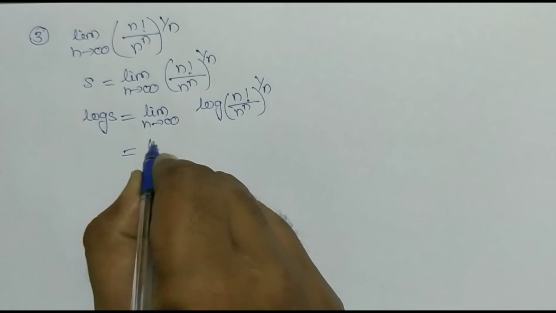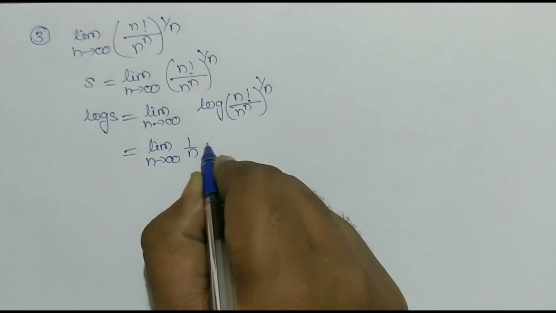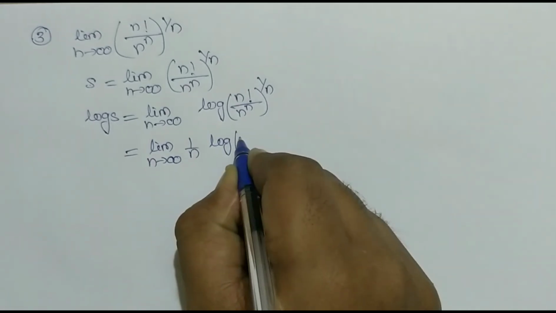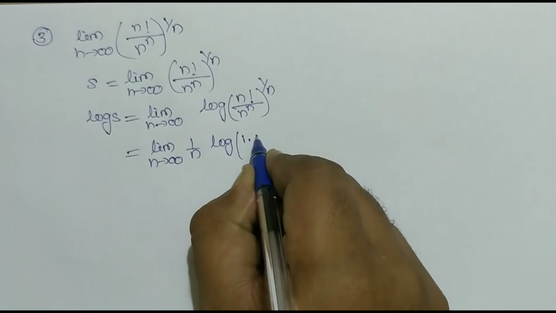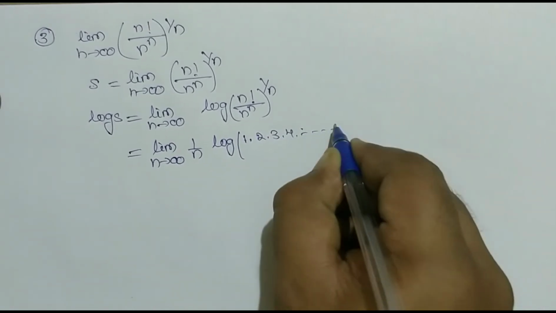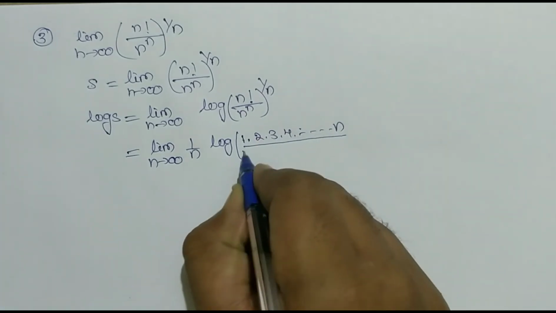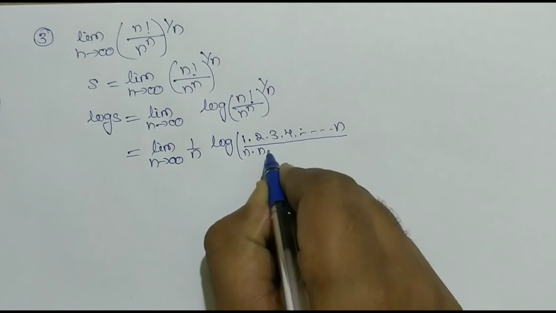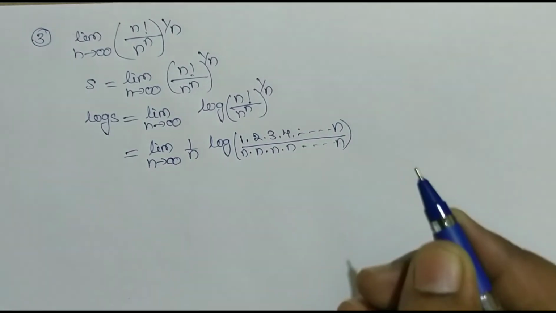So limit n tends to infinity 1 by n log of n factorial by n power n. You can write it as 1 into 2 into 3 into 4 and so on up to n, over n power n, which you can write as n, n, n, and so on, n.